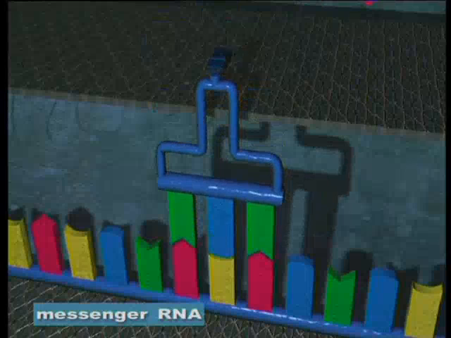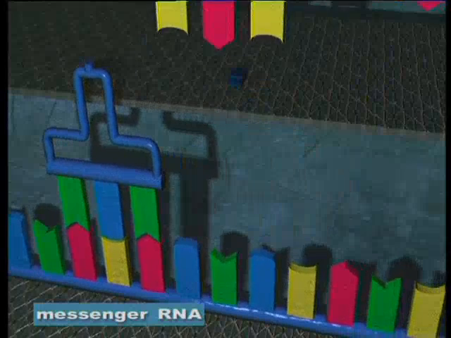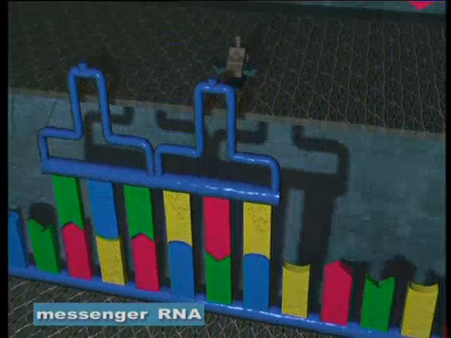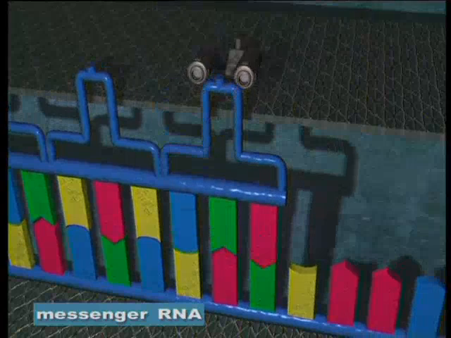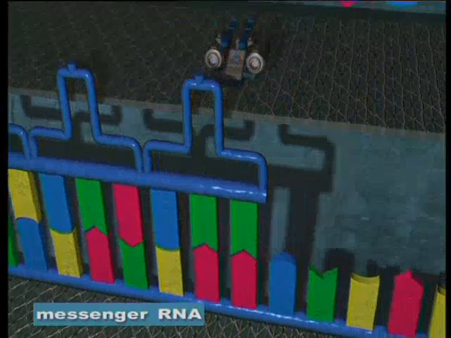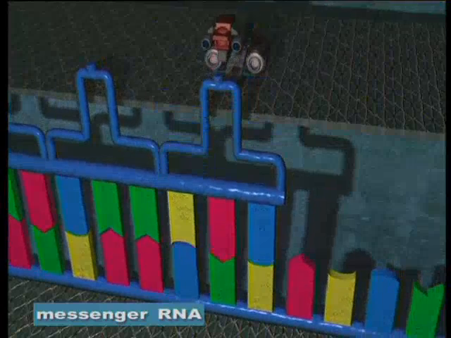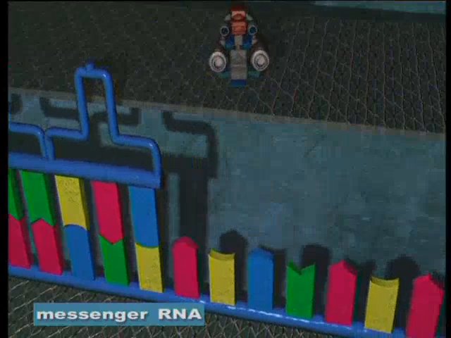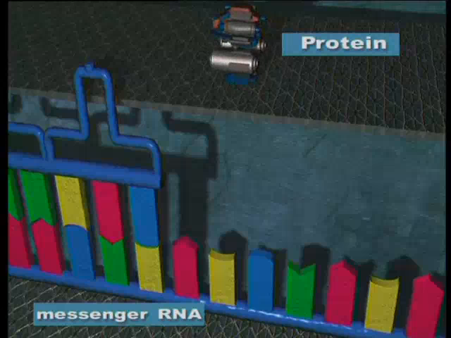The amino acids brought here combine in the right sequence thanks to the code on the messenger RNA. As the messenger RNA proceeds, the amino acid that corresponds to the data coded there is added to the chain. The result is a new protein.